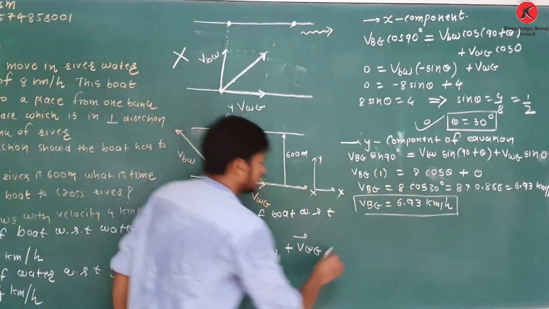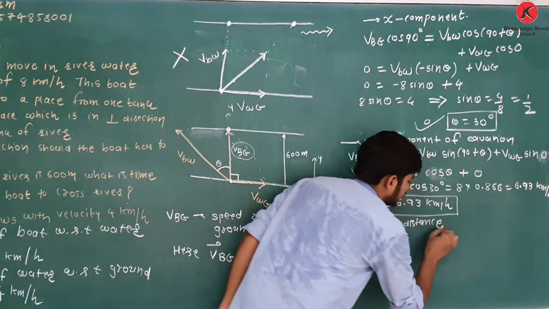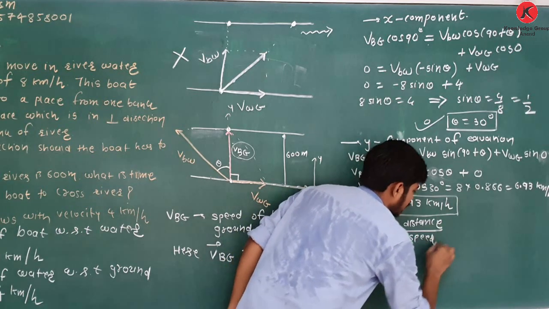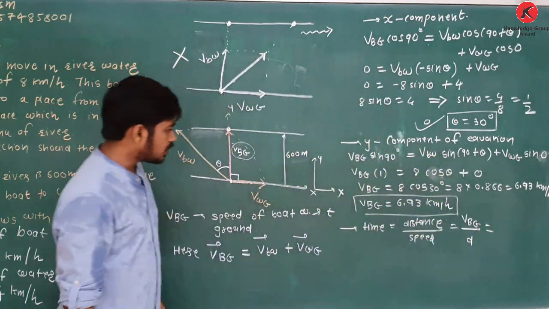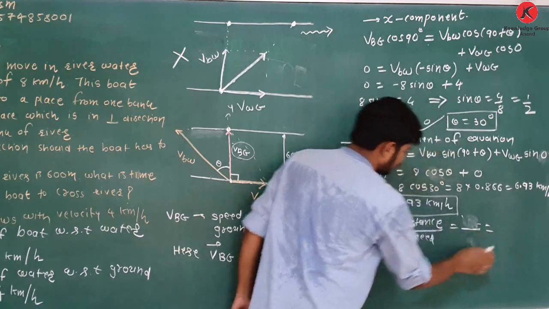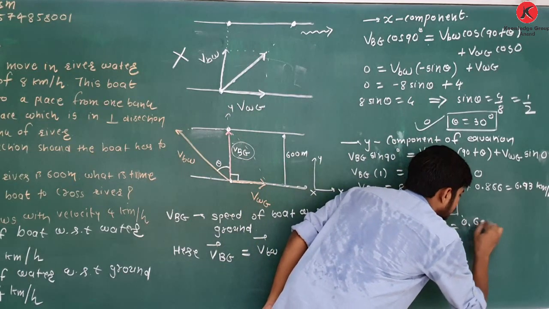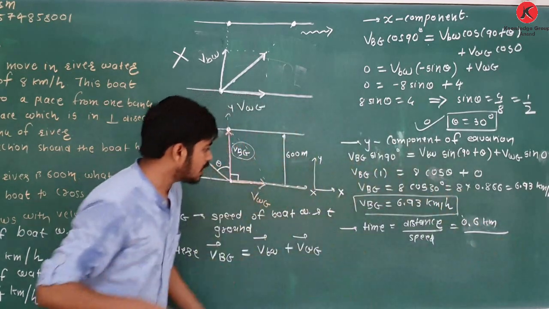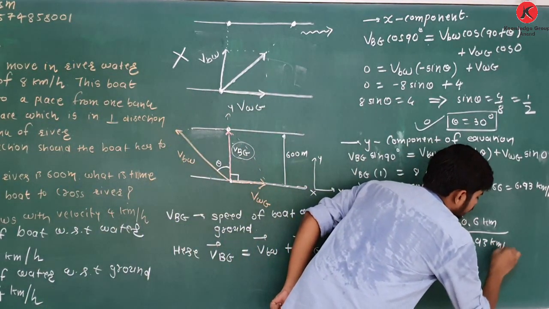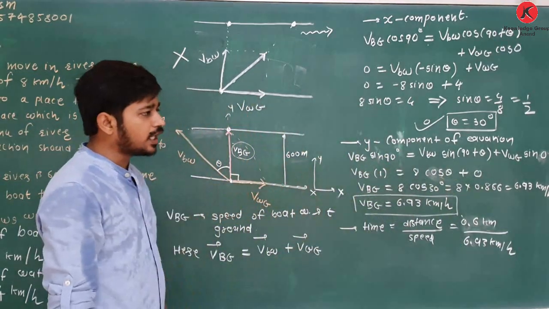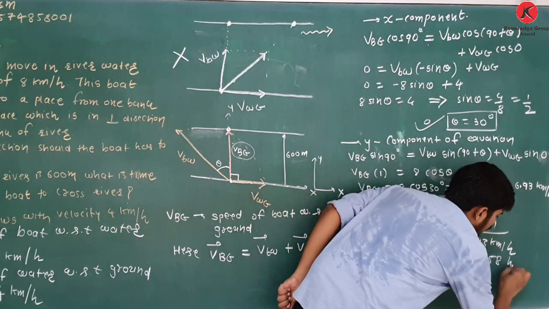Then how to find time? Time is equal to distance upon speed. What is the value of distance? It is 600 meters, which I can write as 0.6 kilometers. Why convert to kilometers? Because this speed is in kilometers per hour. So with 6.93 kilometers per hour, if you calculate, you will get your answer as 0.8658 hours.